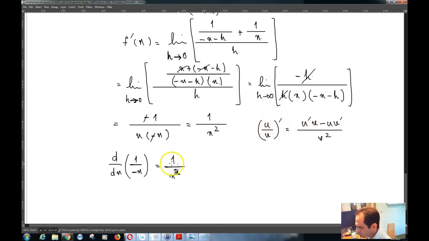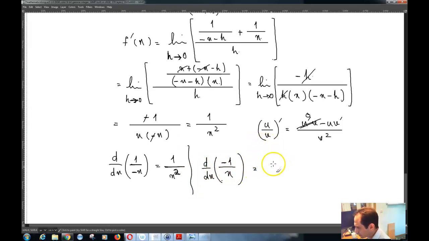Of course u prime over here is 0, so this part is really not required here, because in the numerator you have a constant. But then you can use these two parts in order to find the derivative of, for example, negative 1 over x.